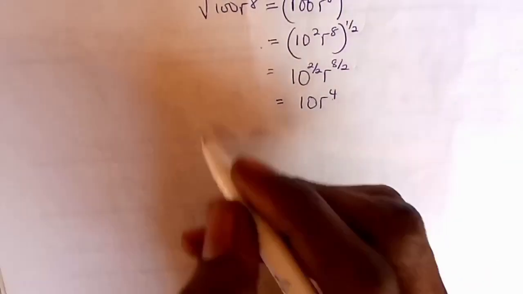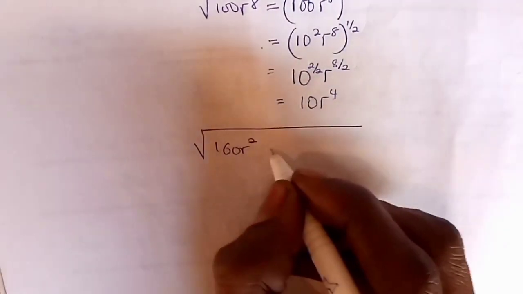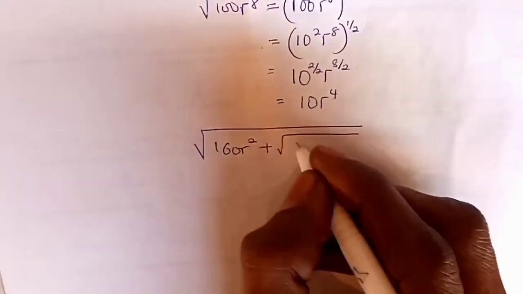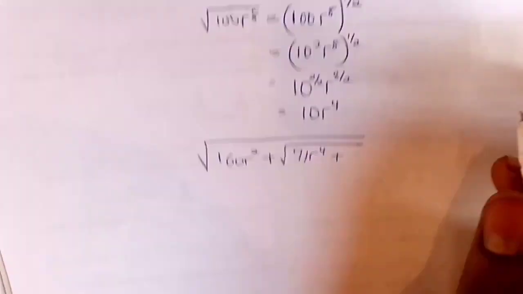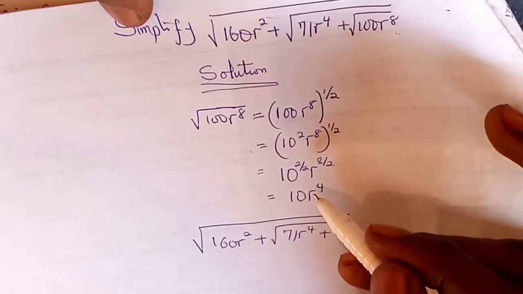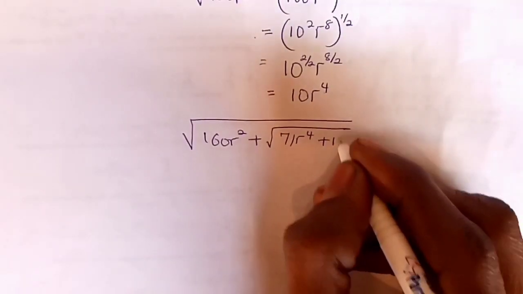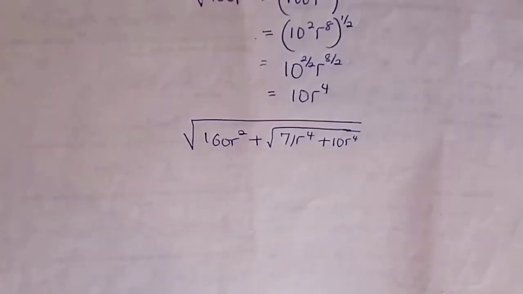So you proceed with the full question that says the square root of 160r^2 plus the square root of 71r^4 plus, in place of this 100r^8, we are going to use 10r^4. Is that taken?